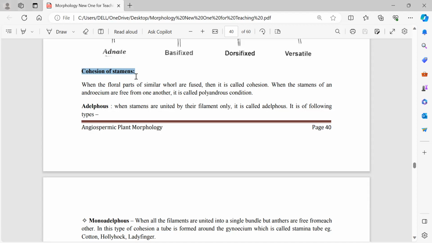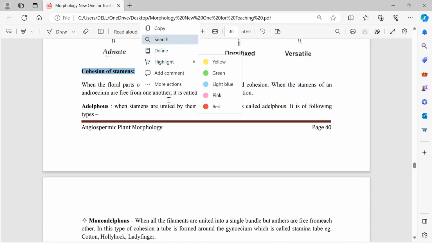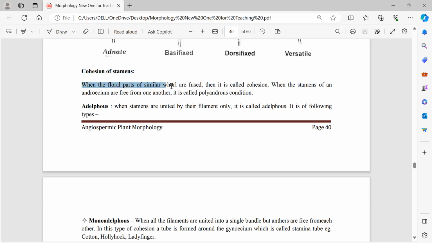Now come to this point, cohesion of stamens. What I just showed on the board, cohesion among stamens. When the floral parts of a similar whorl are fused, जब फ्लोरल पार्ट्स ऑफ सिमिलर वर्ल, एक ही वर्ल के पार्ट्स ऑफ फ्लावर में फ्यूजन होगा, इस फ्यूजन को हम कोहिजन कहते हैं. क्या कहते हैं?